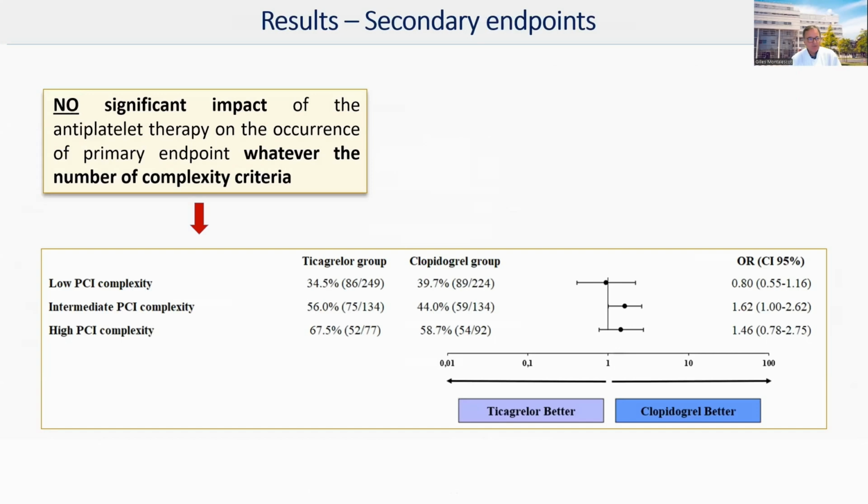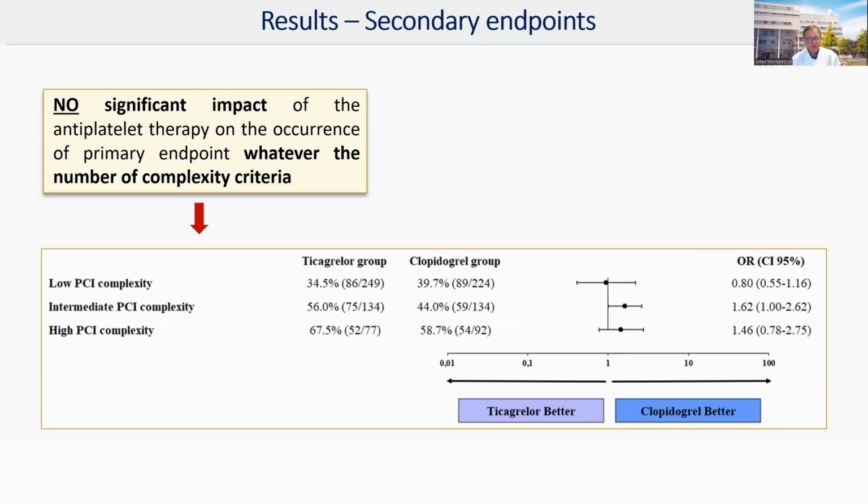We looked at a couple of secondary endpoints, and according to the number of complexity features that we had for this population, we defined 3 groups: low PCI complexity, only 1 item; intermediate, 2; and high PCI complexity with 3 or more of these factors.